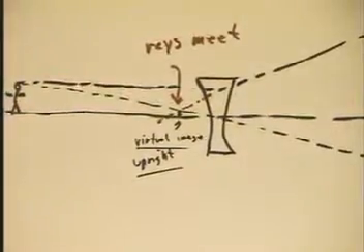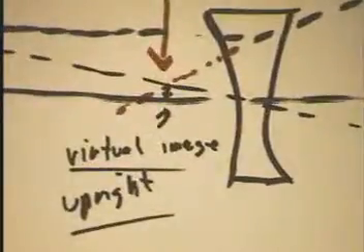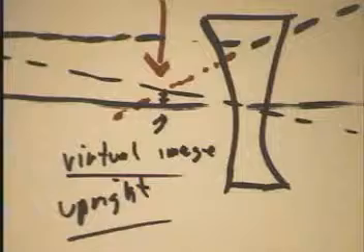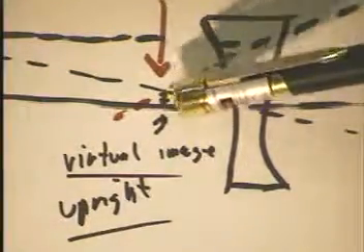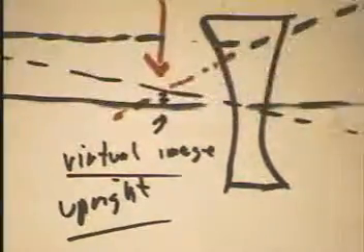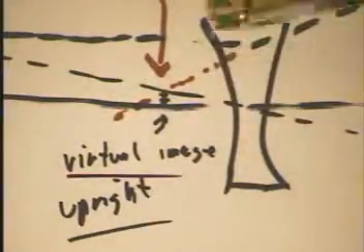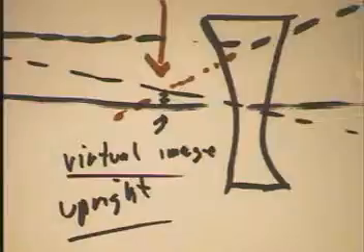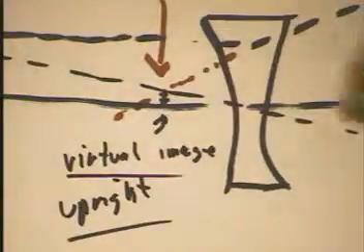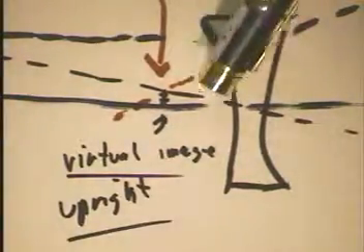Now, if we look at a close-up, we see that we get a virtual image, and it's upright. The feet are still on the axis, the head is up here, but it's very small. And of course, that's what we saw. When the lens got far away from the paper, the image got smaller. When the object distance increased, the image got smaller.